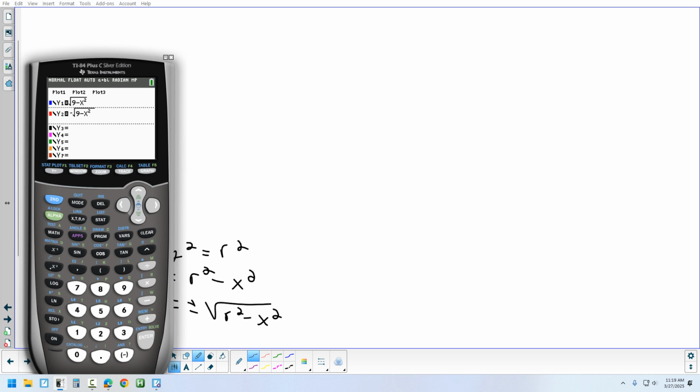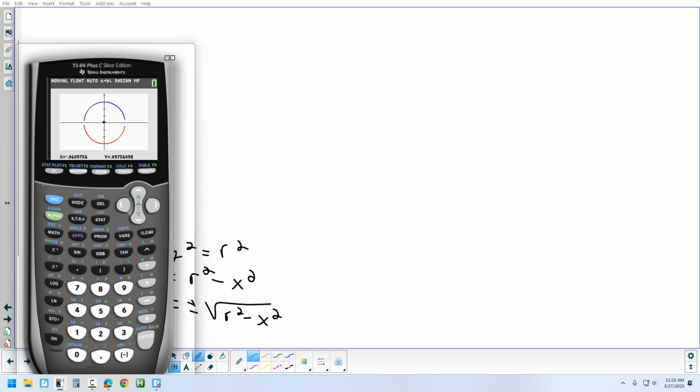And that should give me a circle. It's going to be in 2 separate pieces. I want to zoom in a little bit. It doesn't do a good job connecting them because the sides of the circle start to get vertical. And we know when things get pretty vertical on the calculator, it has trouble connecting them. But that's as good as I can do for a circle with a radius of 3.